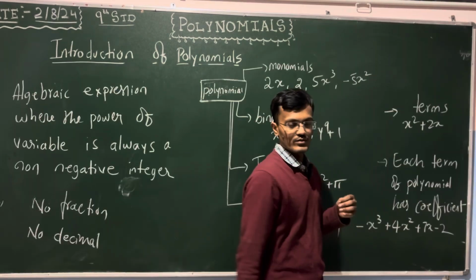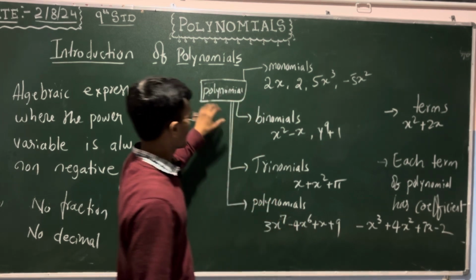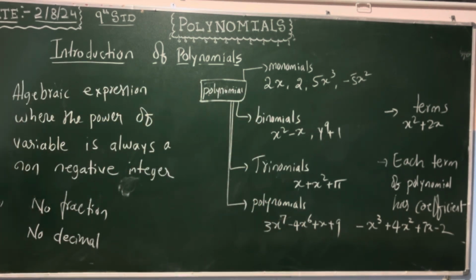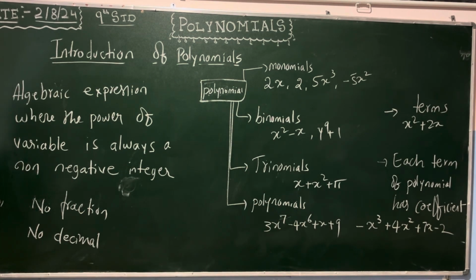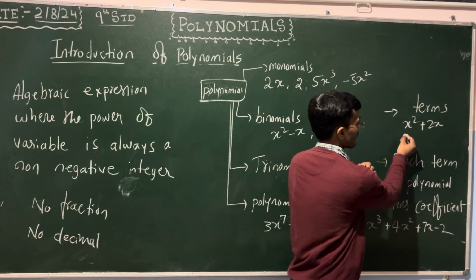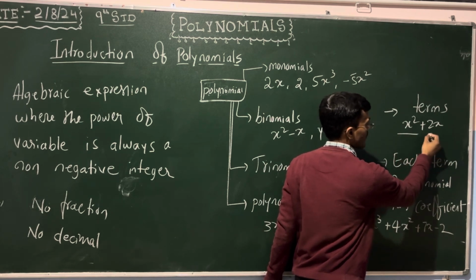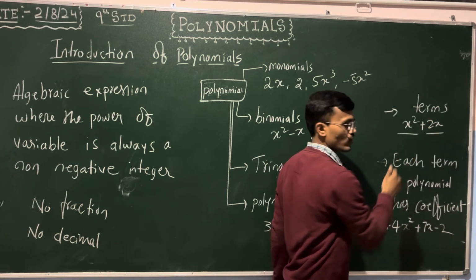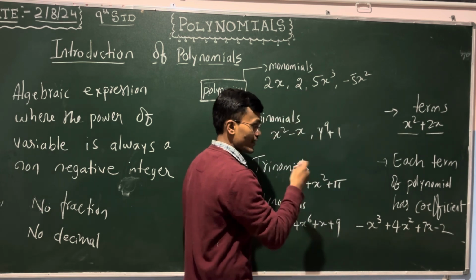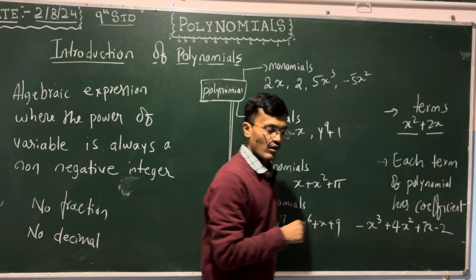Next, in a polynomial there are terms, coefficients, types of polynomial, and some conditions of the polynomial. In a polynomial, we can observe that x square plus 2x, these are called terms, and each term of a polynomial has a coefficient.